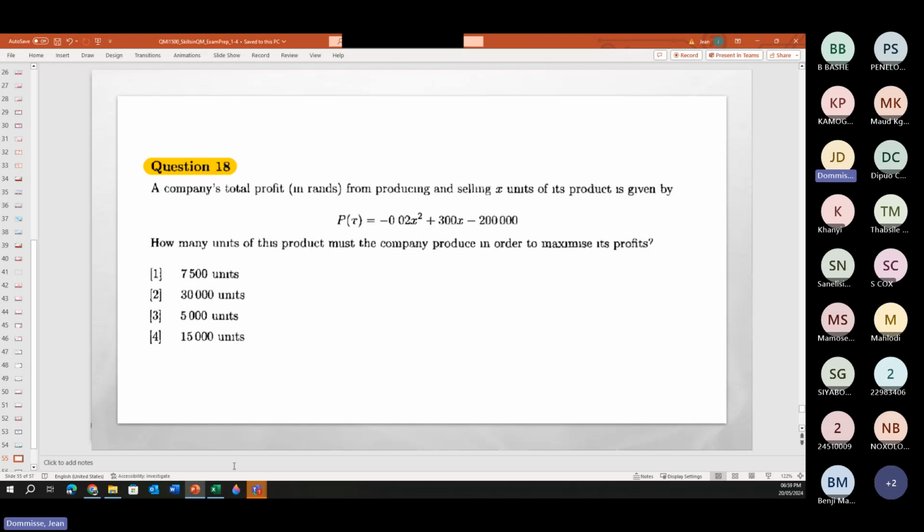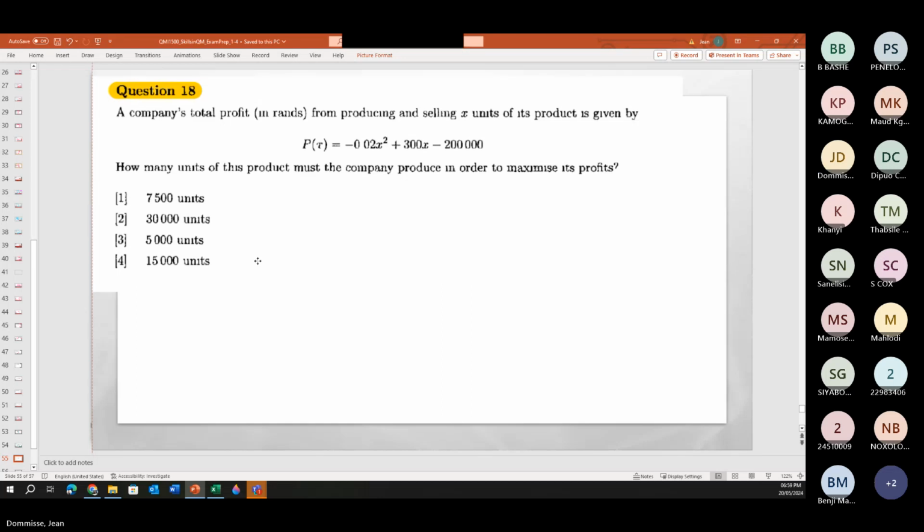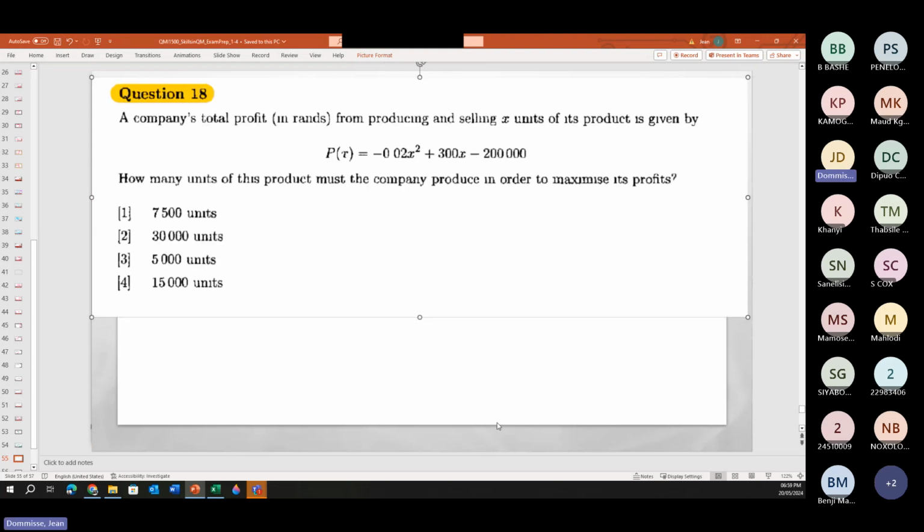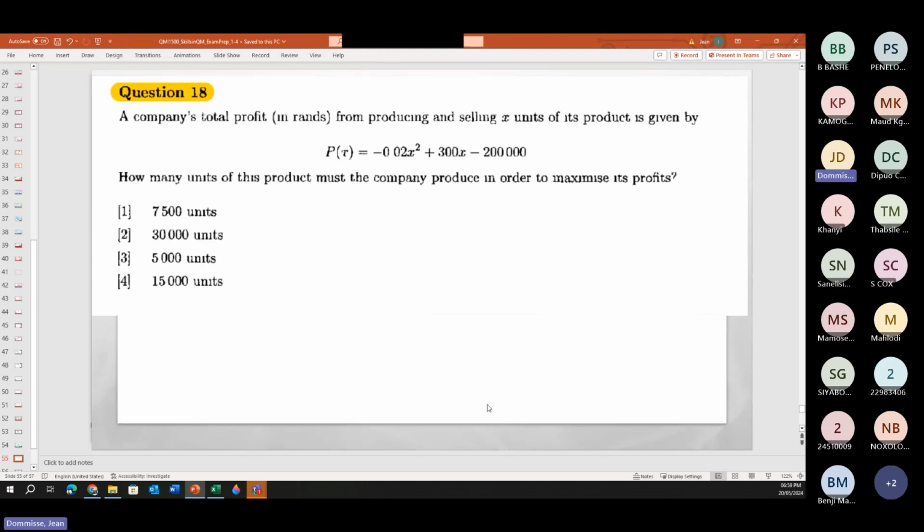Okay, so let's see if we can make this also. So what I am doing in the next few sessions as we prep is going through old exam papers, putting in examples of old exam papers.